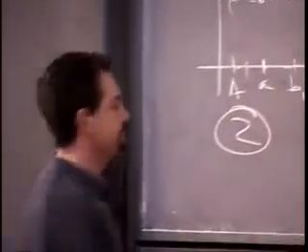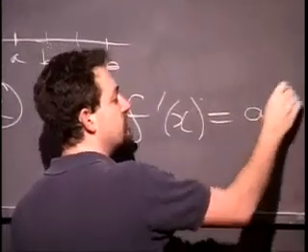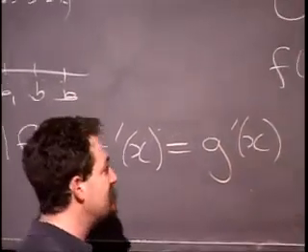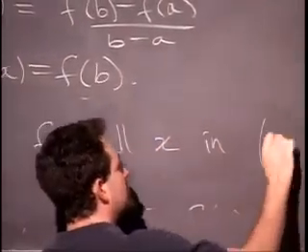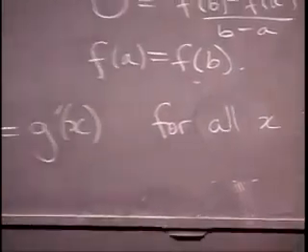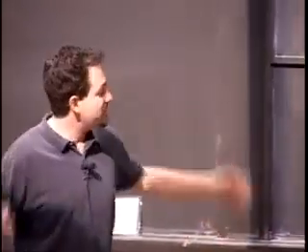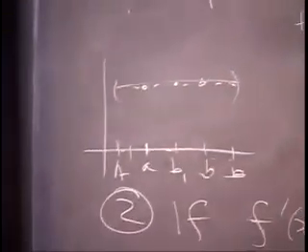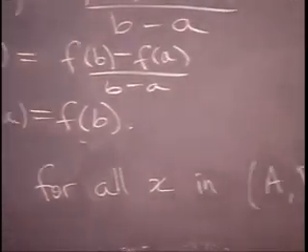2. Suppose that, and this is actually the most useful thing, f prime of x equals g prime of x for all x in some interval A B. So two functions have exactly the same derivative everywhere. They're both differentiable everywhere on this open interval A B, and they have the same derivative. What can you conclude? I ask you, people in the room, not people online, if two functions have the same derivative, then they must be what?